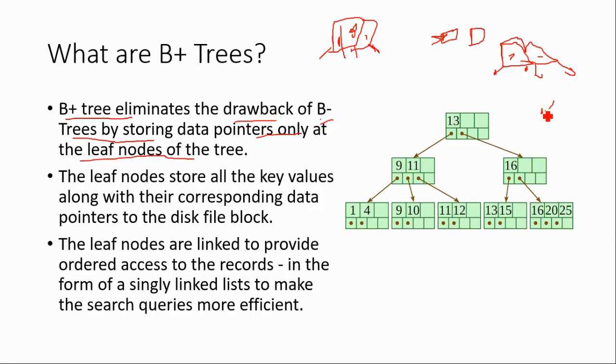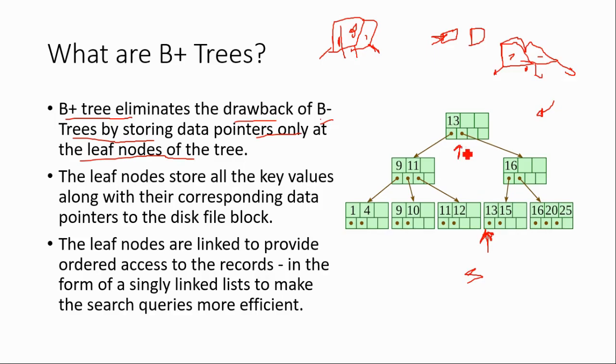Oh, I forgot to mention another thing: since the data is only stored in the leaves and keys can be stored in both leaves and internal nodes, there will be redundant key entries. So for the data pointer to which the key is associated, an entry of the key will be present in the leaf node, and the key entry will be present in an internal node also.